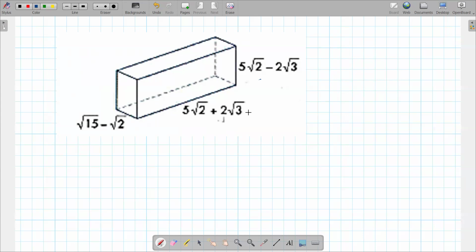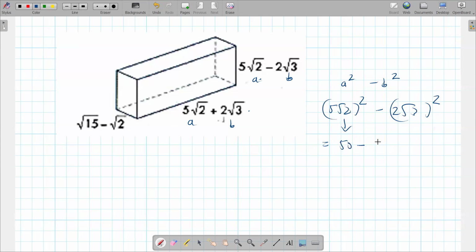So I'm going to multiply these two first because I can use difference of squares. Look at this: a plus b times a minus b becomes what? a squared minus b squared, right? So it becomes 5 root 2 squared minus 2 root 3 squared. What does this evaluate to? 5 root 2 whole squared is 50.